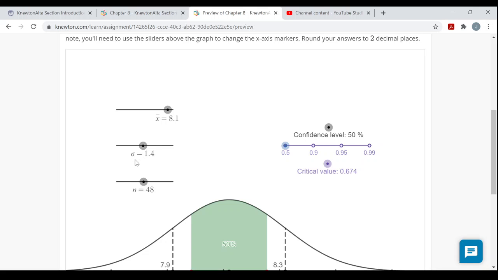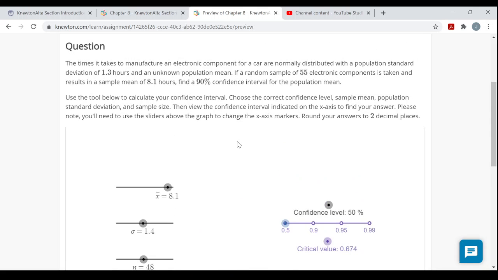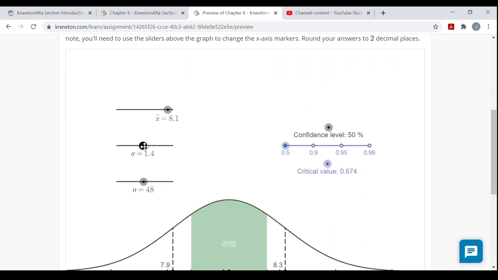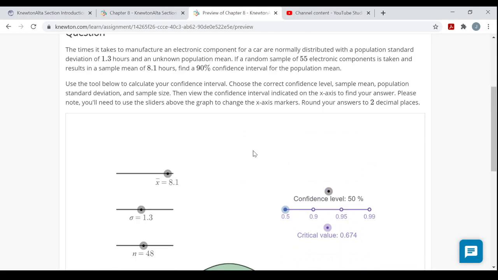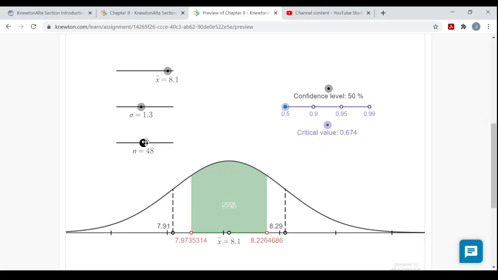This is sigma, the population standard deviation that was given to us, 1.3 hours. And then n, remember, what is the sample size? You're pulling samples of 55 electronic components here, so I'm pulling 55.